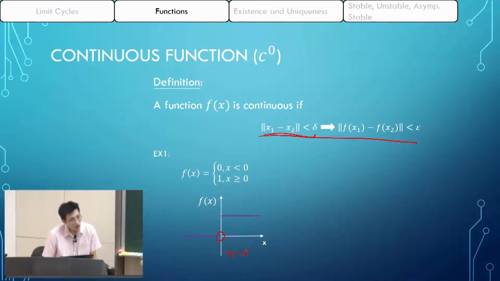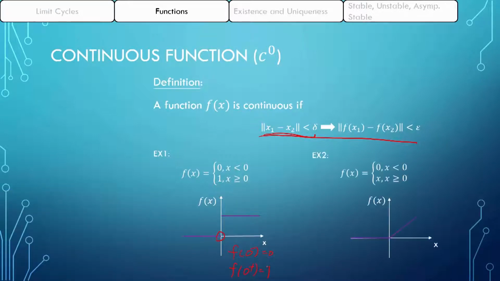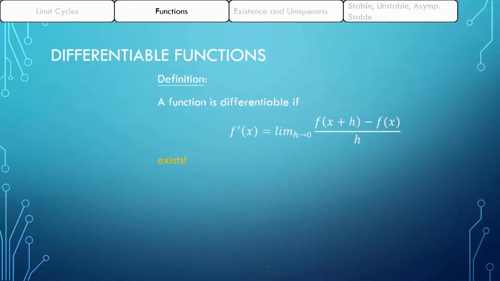On the left-hand side of 0, which is denoted as 0 minus, meaning a little bit to the left of 0, it's 0, and 0 plus, the right-hand side of 0, is 1. Then it's not continuous. In other words, it cannot jump. How about the next example? Is it continuous? How about the next?